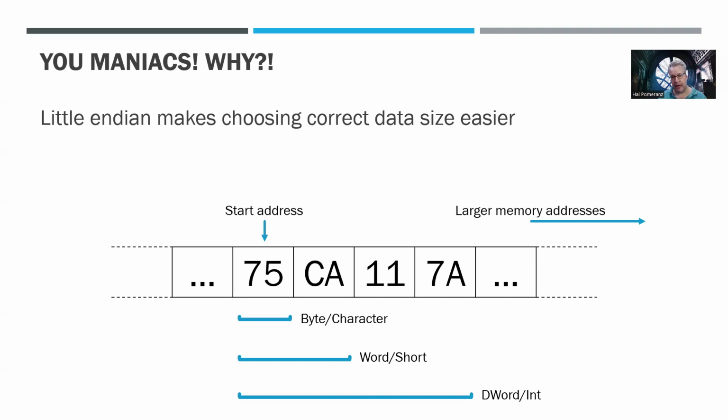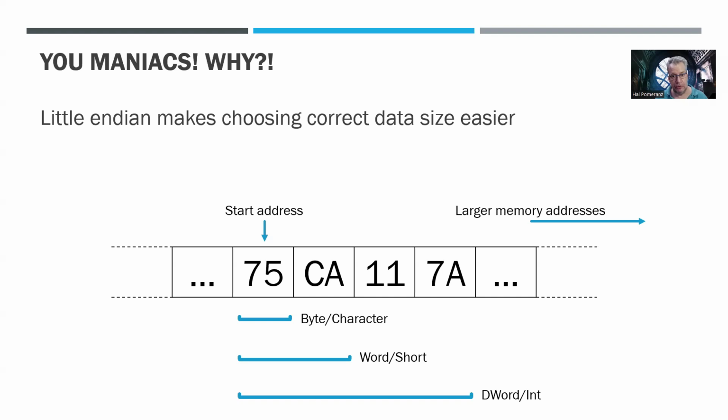The little endian byte order allows the computer to help you select the data size you want without having to sort of reposition, right? If the bytes were the other way, if it was in big endian order, your start address would be the top byte, the high byte, the big byte, right?